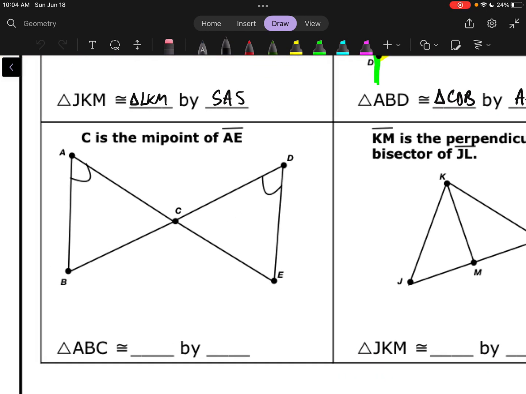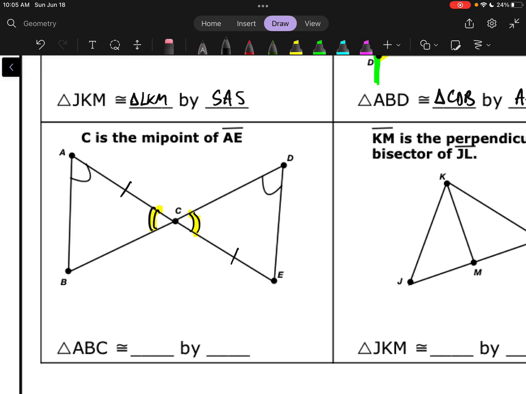What's going on with this one? So right now I only see one congruent thing, angle A and angle D, but we know about our vertical angles. We always get to use those. And then it also says that C is the midpoint of AE. And if C is the midpoint of AE, that means AC's got to be congruent to CE.